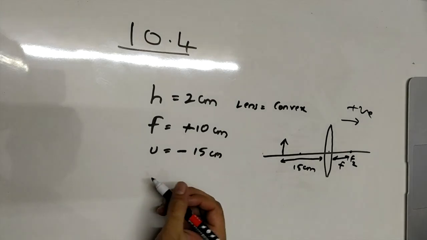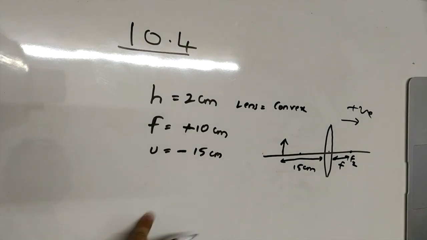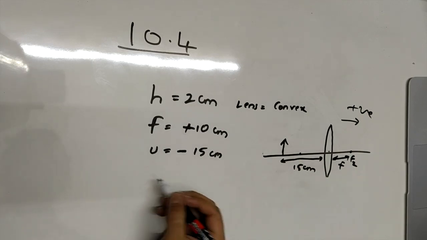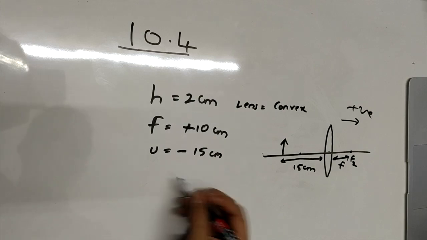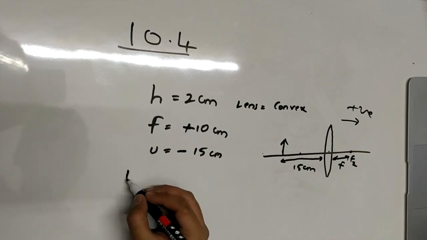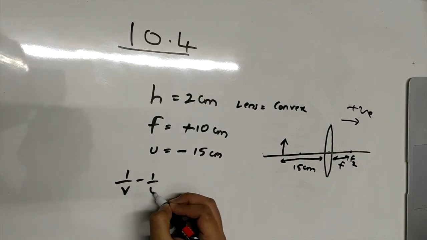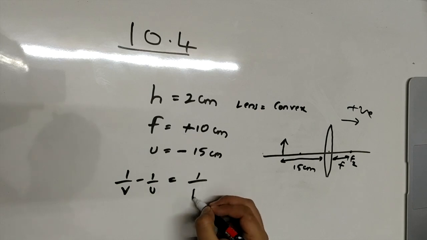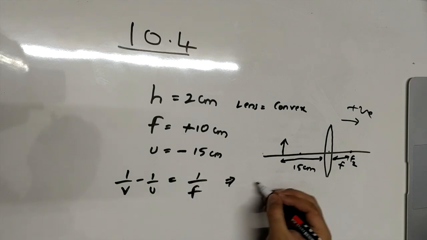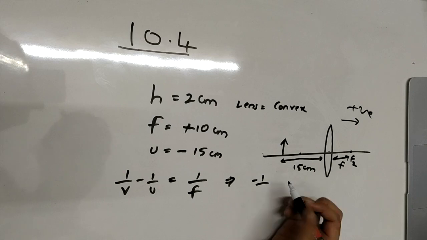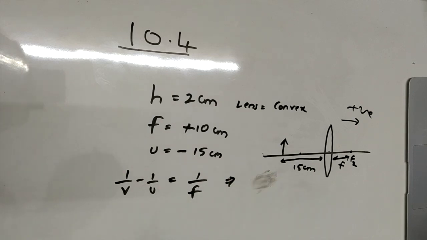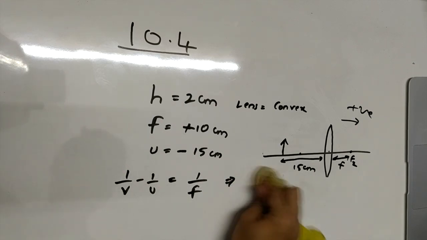Now we need to find the nature, position and size of the image. First of all, we have to find V. We will use the lens formula obviously. So 1 by V minus 1 by U equals 1 by F. Okay, let me erase it.